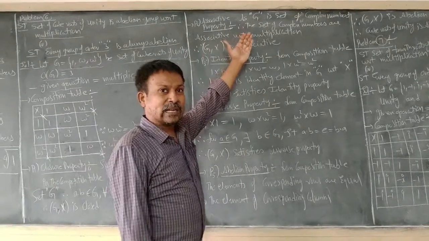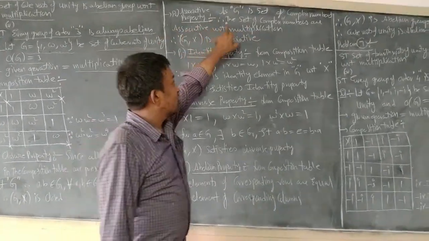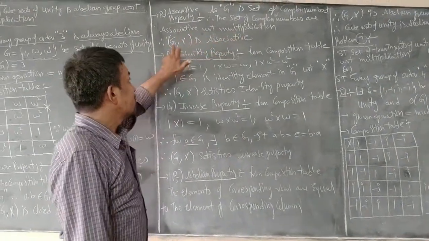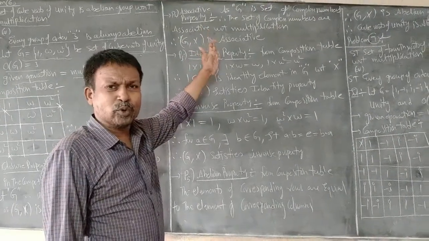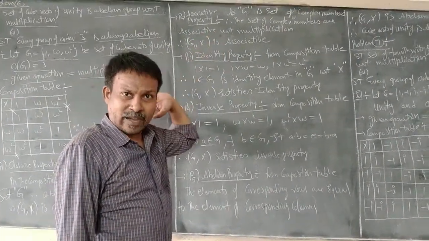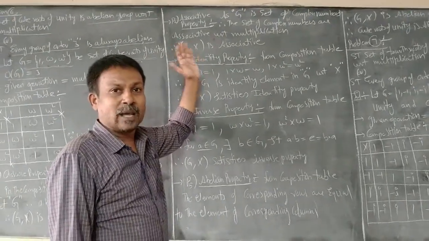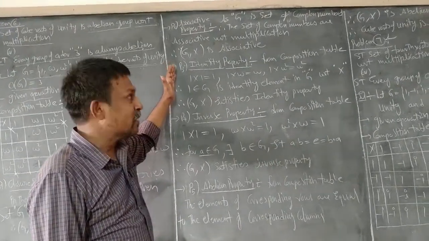Here I conclude directly that as G is a set of complex numbers, therefore G, into is associative. So it is very simple to prove the associative property while proving this set of cube roots of unity as an abelian group.